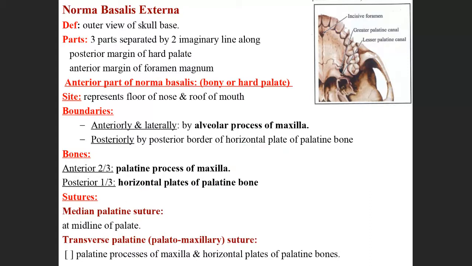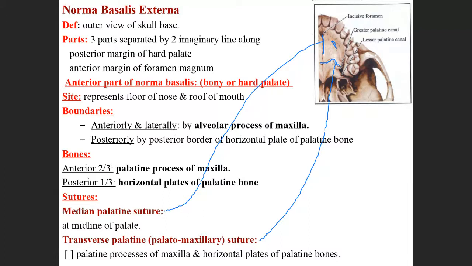This is the median palatine suture, and then this one is the transverse palatine suture.